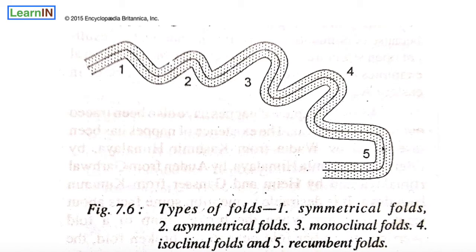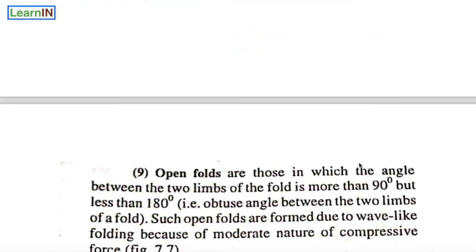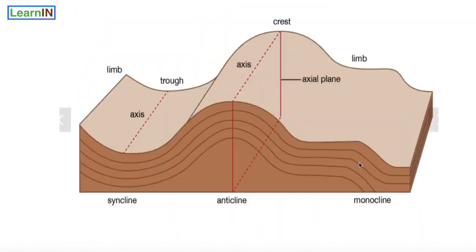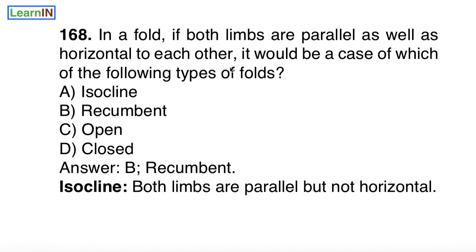And this is a recumbent fold, where both limbs are parallel and horizontal. So what was our question? In a fold, if limbs are parallel as well as horizontal to each other, it would be a case of which type of fold? It is recumbent.